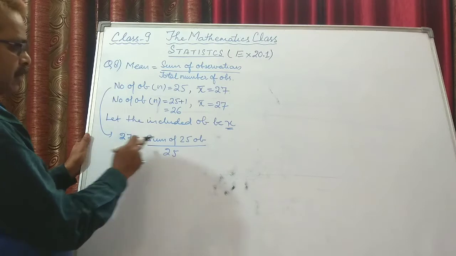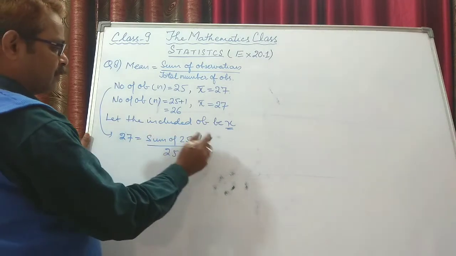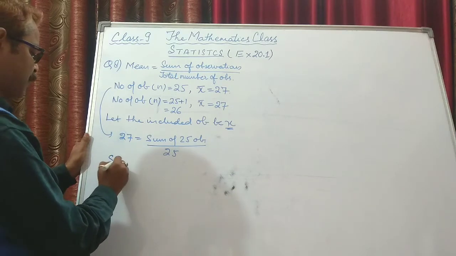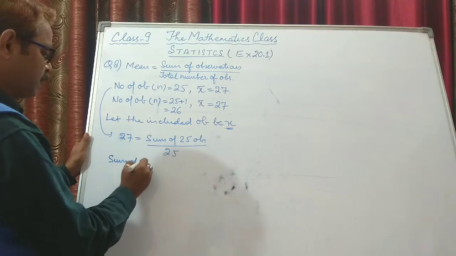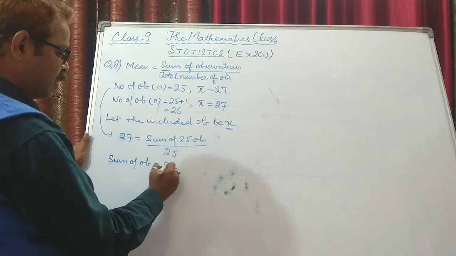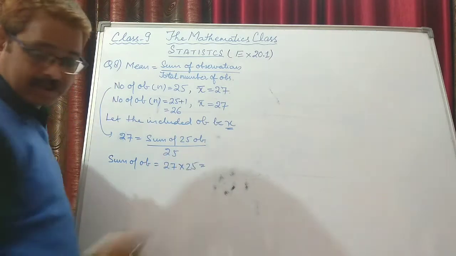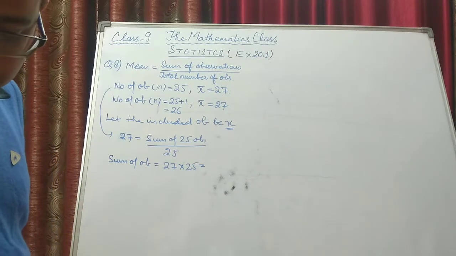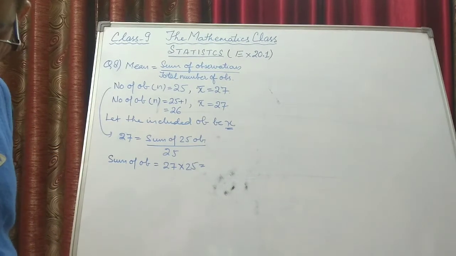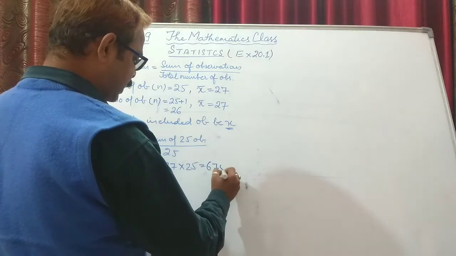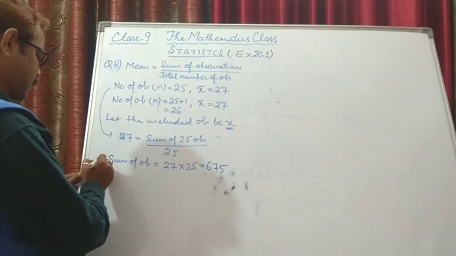So mean is 27, the sum of all the 25 observations divided by 25. So we can get the sum of observations, that will be 27 into 25. I hope it will come as 675. This is the first case.